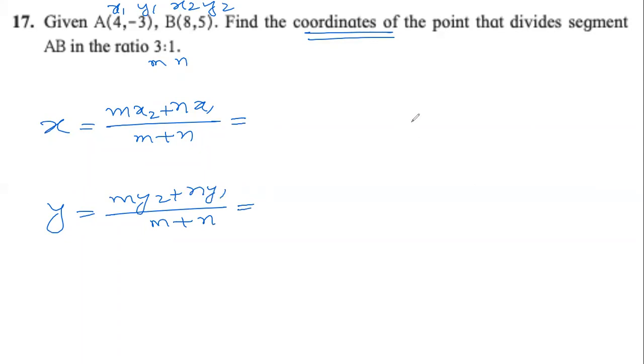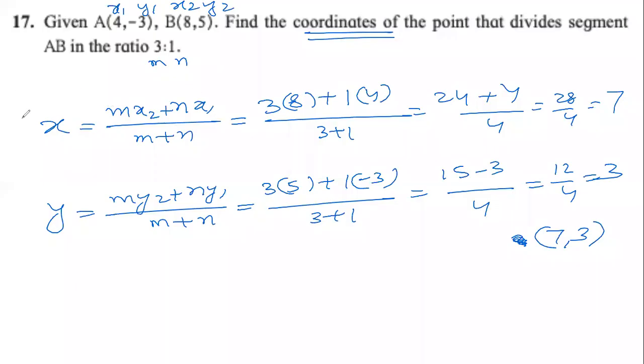Calculate, find the value of X and Y. Directly using the section formula, we can find the coordinates. So if I was designing this exercise, I would have kept this question much earlier, because this does not involve any thinking. This is just application of the formula.